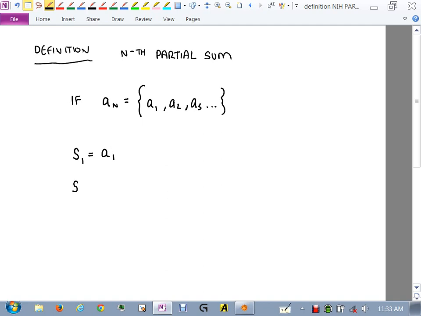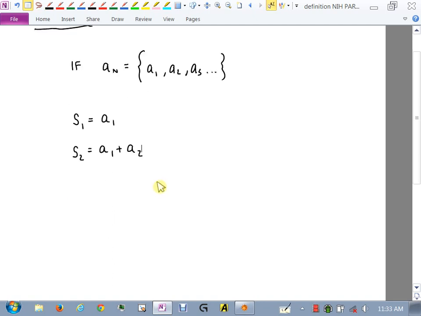I could define s sub 2, s meaning sum, okay? Think of this s as like a sum. S sub 1 means just add up the first guy. S sub 2 would mean add up what? The first two guys. Oh, wait, one of them is a girl. I don't want to be gender biased here. All right? So add up the first two instead of the first one. What would S sub 3 be?